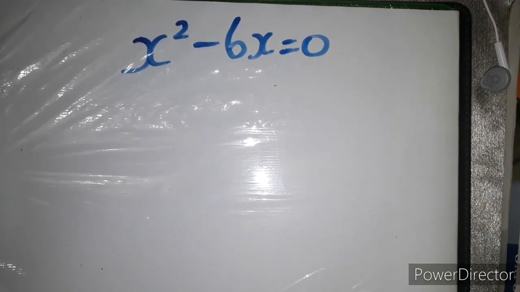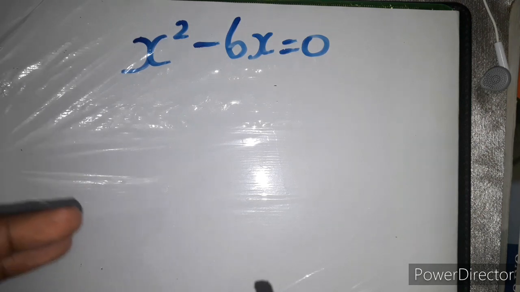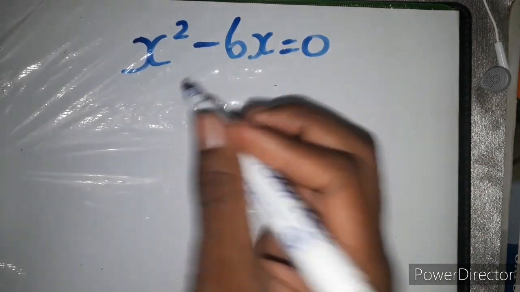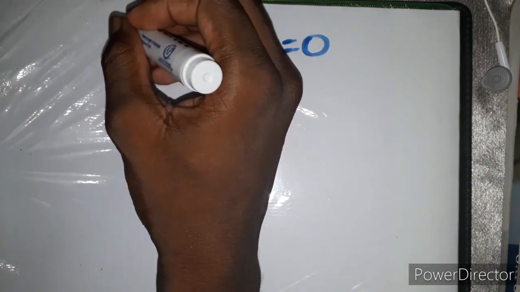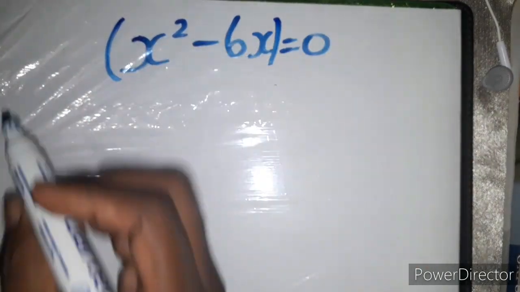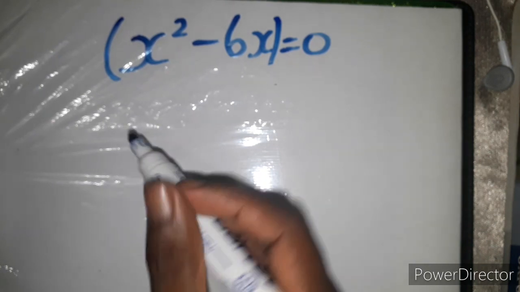Let's look at this first example. The instructions say solve the quadratic equation. The first step when solving any quadratic equation is to factorize it. That is why I said we needed to know how to factorize before we can solve quadratic equations. We put in brackets, and these two terms are not perfect squares, so we cannot use the perfect square method.